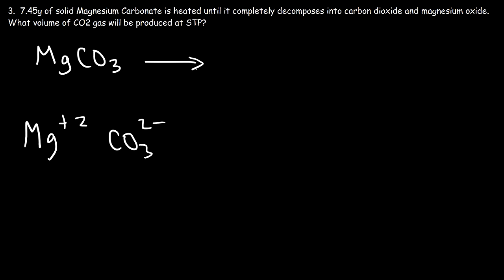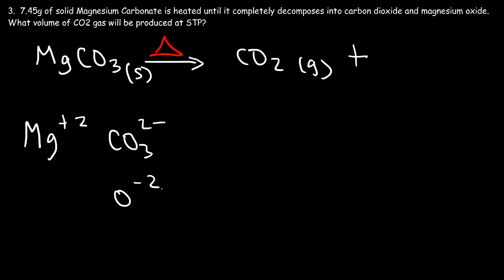Now, once we add heat, this is going to decompose into carbon dioxide, which is a gas, plus magnesium oxide. Oxide has a negative 2 charge like carbonate, so magnesium and oxygen will combine in a 1-to-1 ratio.